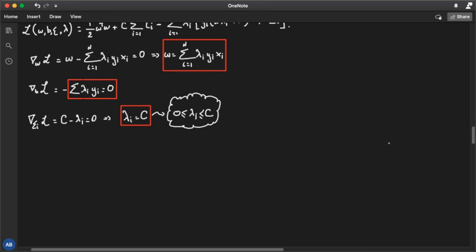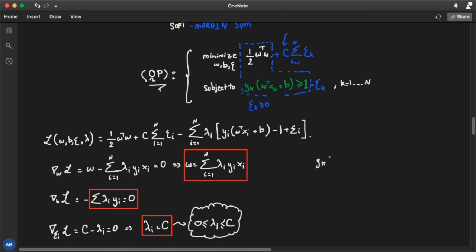In our case, it is y k into w transpose x k plus b is equal to 1 minus psi k. Multiply by y k on both sides and use the fact that y k squared is 1 because y k is plus or minus 1. We get that w transpose x k plus b is y k into 1 minus psi k.